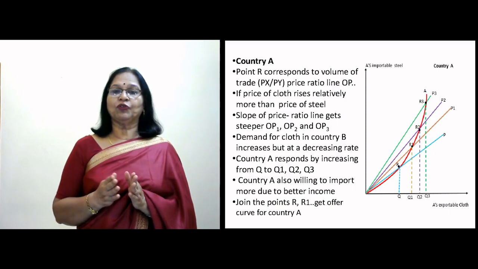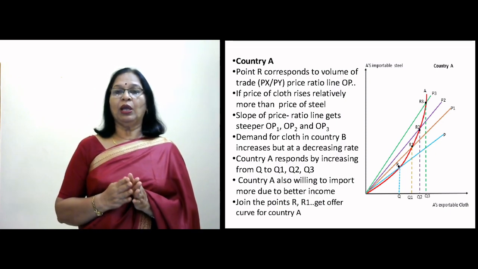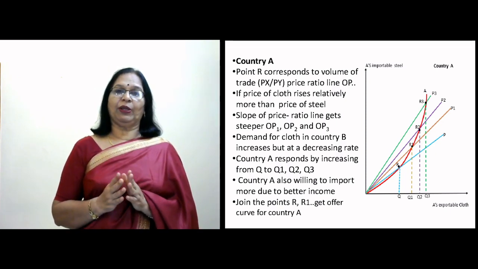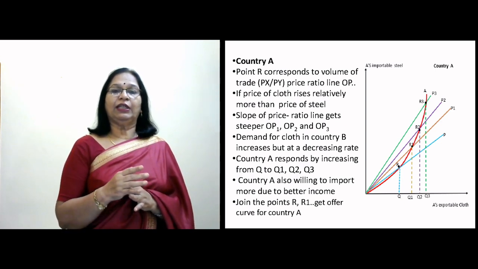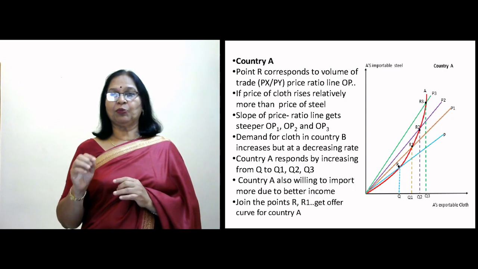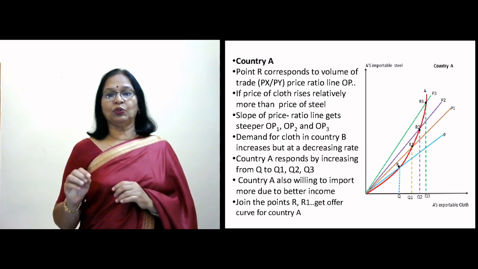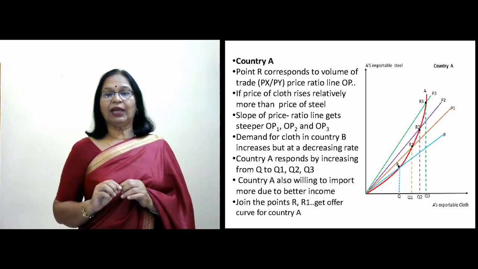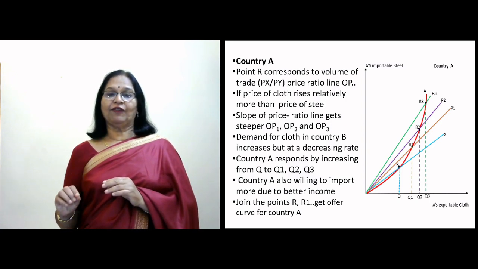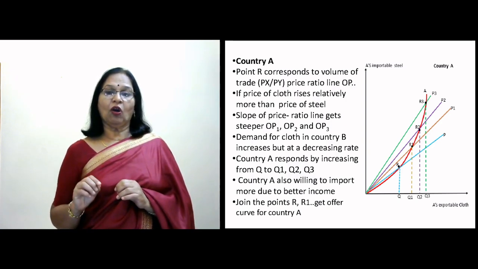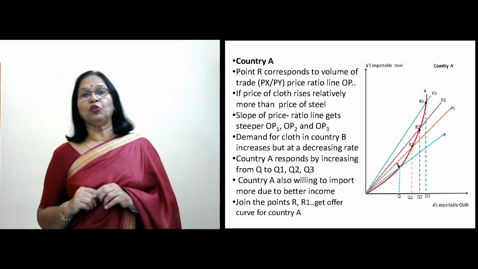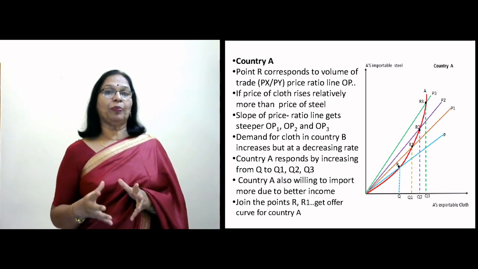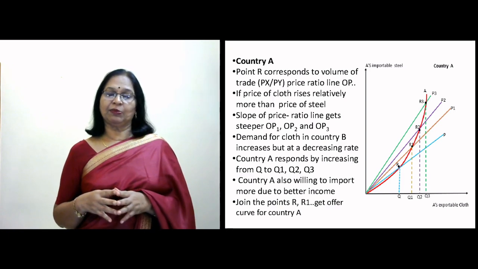Now, still assume that the price of cloth increases. The price line moves from P1 to P2 and from P2 to P3. So each time the price lines have moved to the left, the points of export and import have also changed. You will find that as the prices have increased, the quantity offered for purchase will reduce, because the country has to pay more for the imports that it is making.